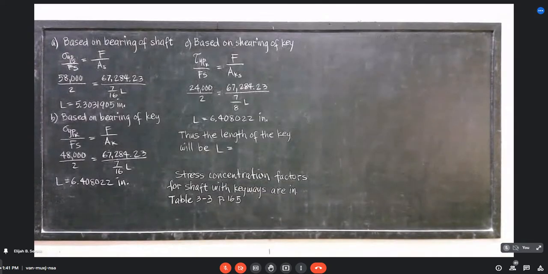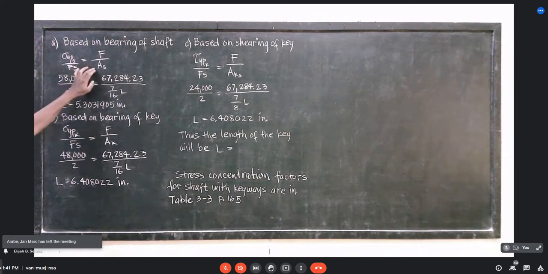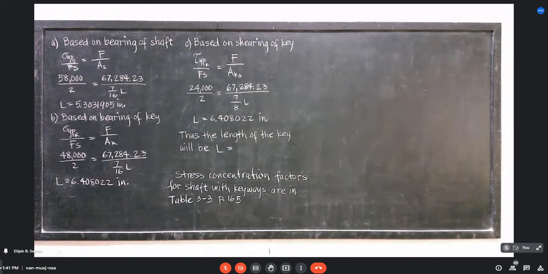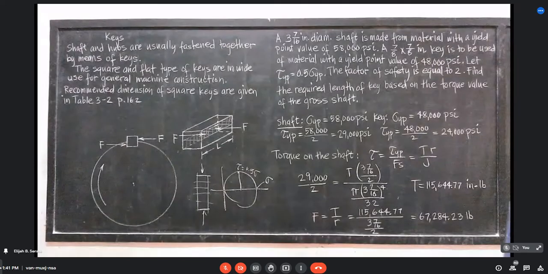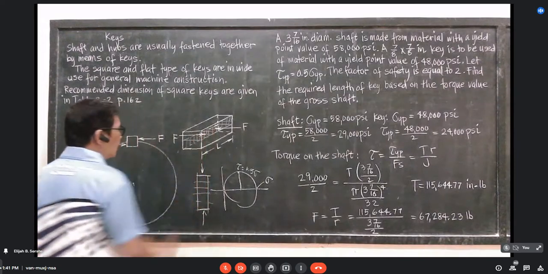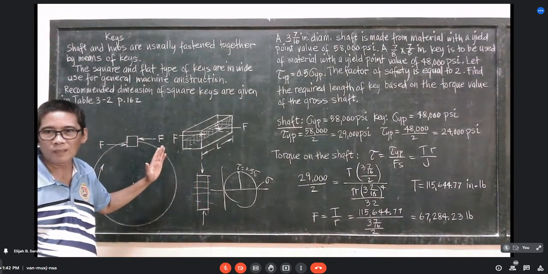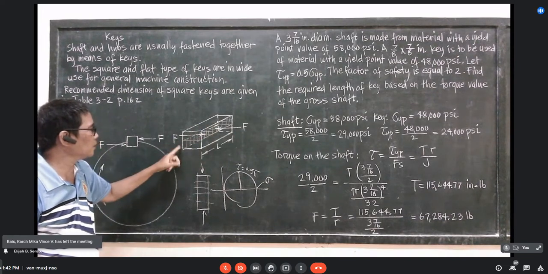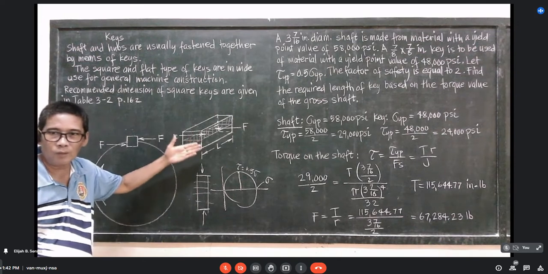So let's go back. Based on the bearing of the key, the yield point over the factor of safety is equal to the force over the stress area, where the stress area is the bearing of the key, which is 7/16 times L. I'm talking about the key, but actually it is the same surface on the shaft.